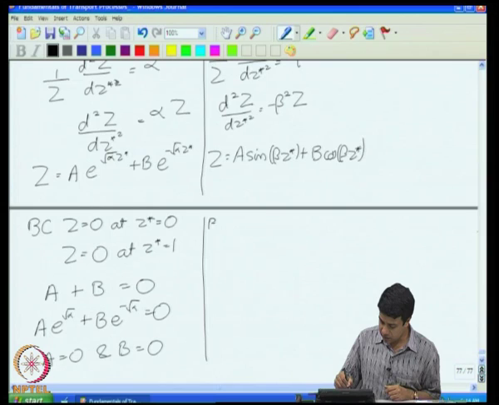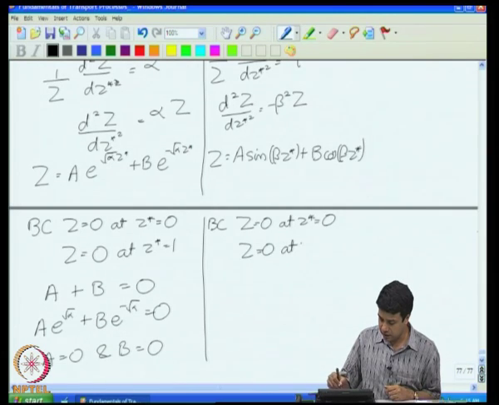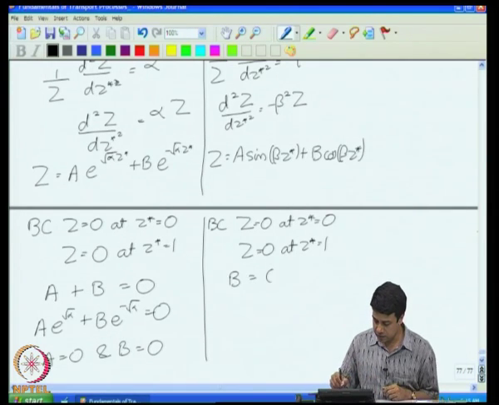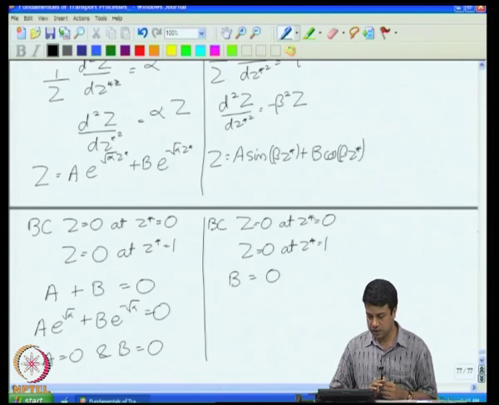The boundary conditions: Z is equal to 0 at z star is equal to 0 and Z is equal to 0 at z star is equal to 1. Z is equal to 0 at z star is equal to 0, sine is 0 anyway. So, therefore, I require that b is equal to 0 from the first condition, because at z star is equal to 0, sine of 0 is 0, cos of 0 is 1.